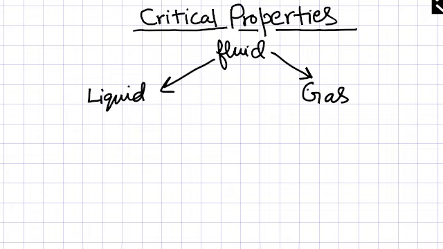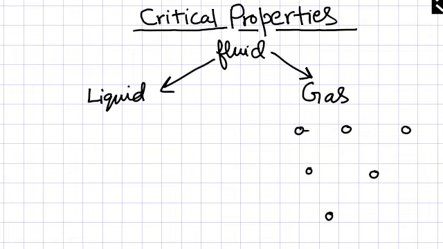Many of you must have this idea. First take gas. What happens in a gas? The molecules are, for example, like this. Molecules are very much far apart from each other.